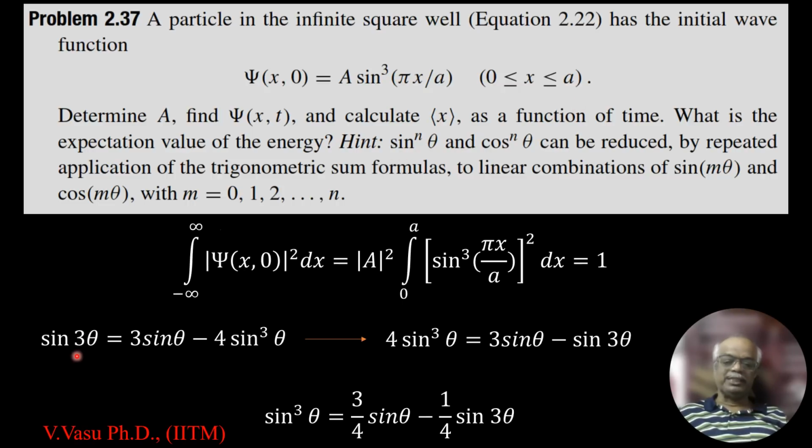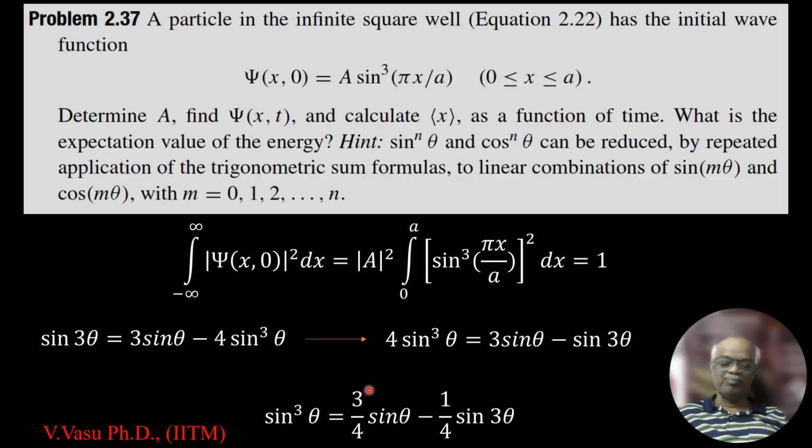Now from the trigonometry relation we can write sin 3θ equal to 3 sin θ minus 4 sin^3 θ. So we can rearrange the terms and we get 4 sin^3 θ equal to 3 sin θ, and if you bring the other term to the other side, this will become minus sin 3θ. Now bring this 4 to the other side.